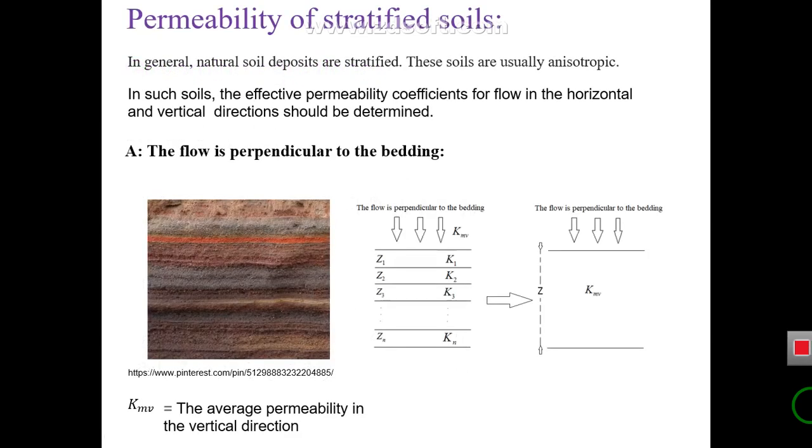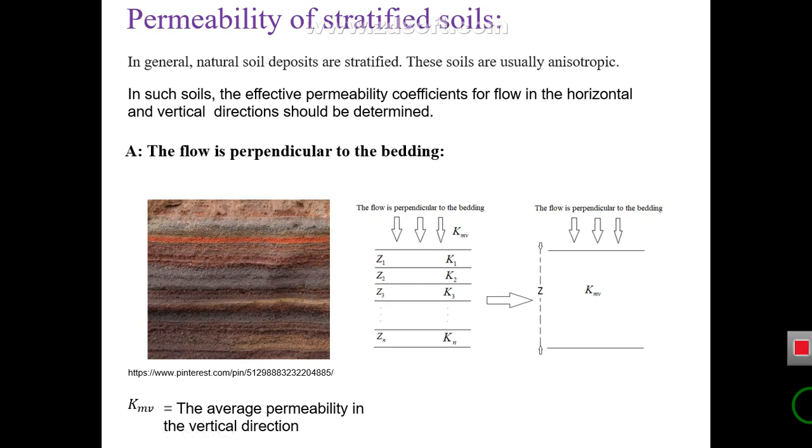After a brief discussion about hydraulic conductivity in anisotropic environments, let me examine more about hydraulic conductivity in stratified environments. In general, soils in sedimentary environments are layered, so these environments are anisotropic.